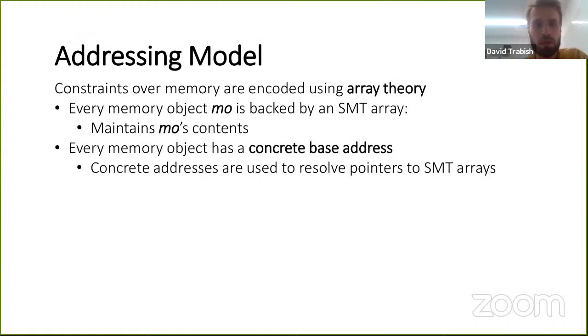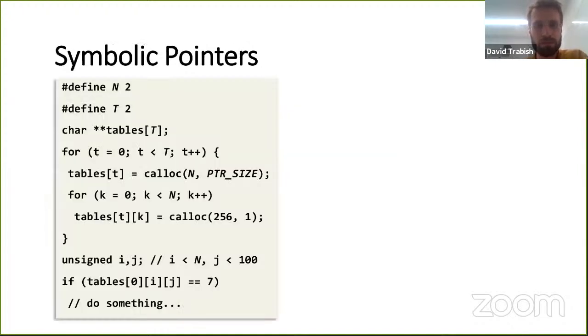In symbolic execution tools like KLEE, the constraints over memory are encoded using array theory. Every memory object is backed by an SMT array, which maintains the object's contents. Every object also has a concrete base address, and pointers are resolved to SMT arrays using concrete address values.